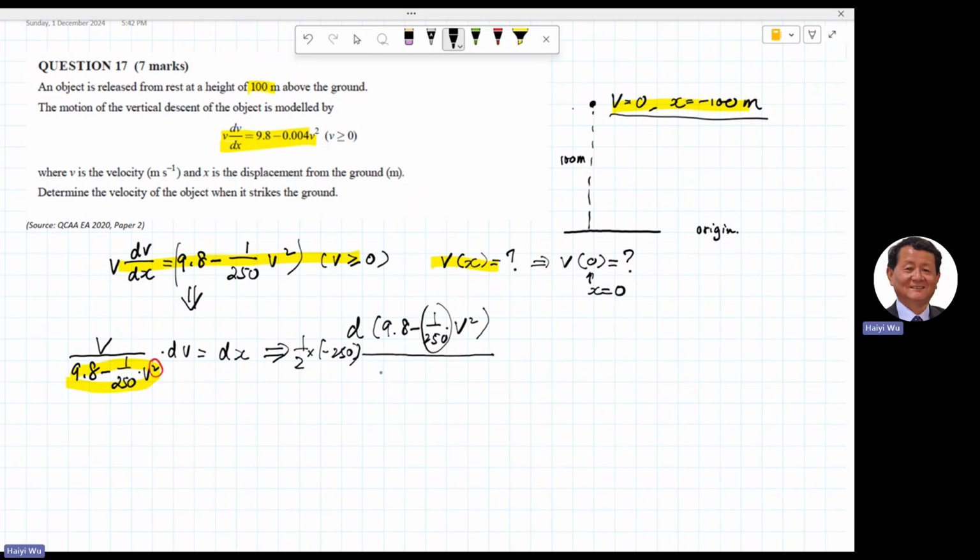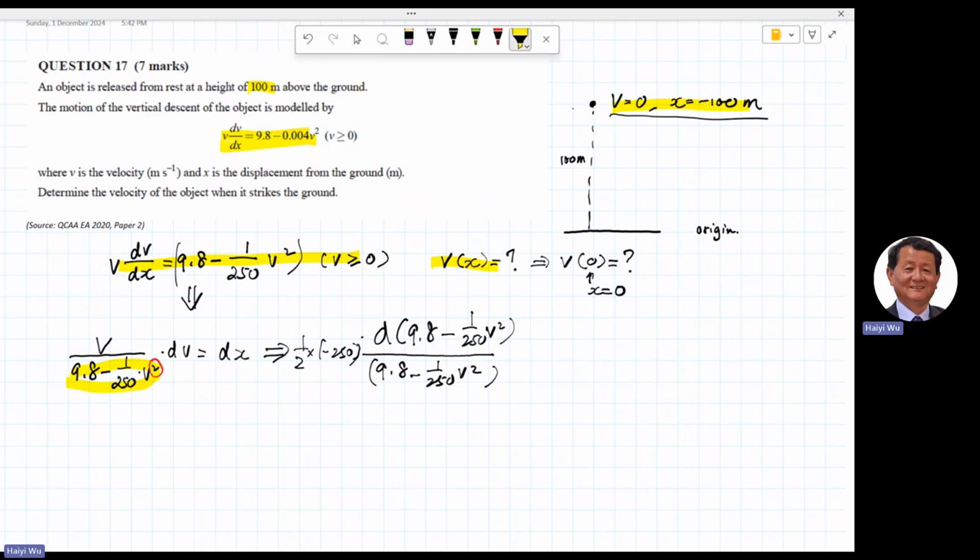Then the denominator we still copy. So I put d of 9.8 minus 1 over 250 v squared.